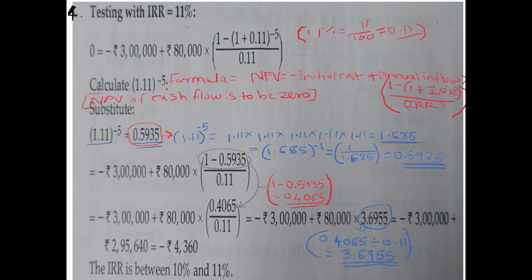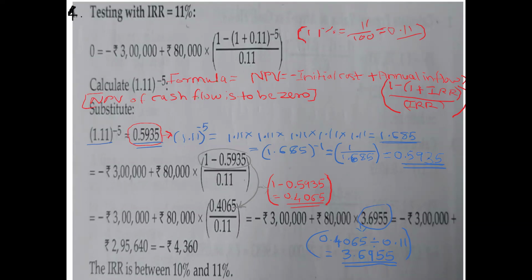So 0 is equal to minus rupees 3 lakhs plus rupees 80,000 into bracket 1 minus bracket 1 plus 0.11 bracket complete raised to minus n, upon 0.11. How did we get the 0.11? We calculate 11% is equal to 0.11. So we take here the percentage 11, which is 0.11.